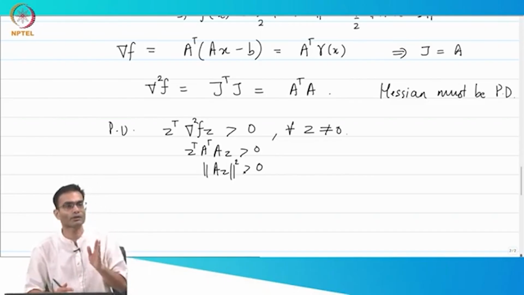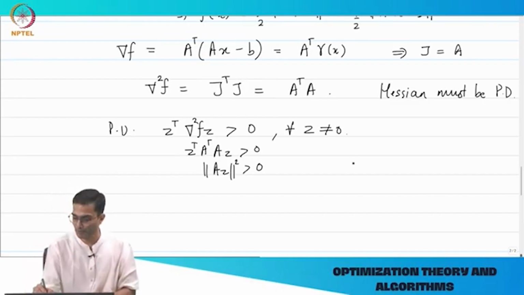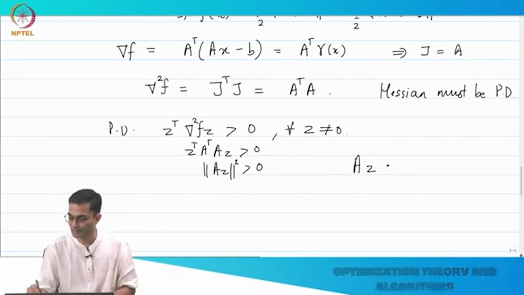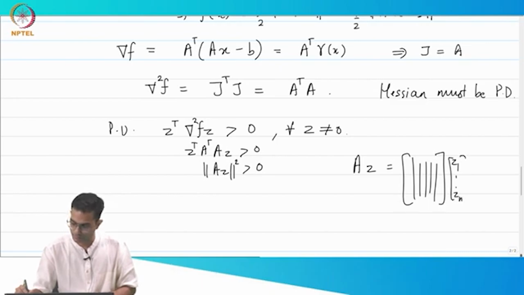On the other hand, if the columns of A are linearly independent, right? So remember, what I'm talking about when I say this is I'm looking at this. These are the columns, and I have a Z1 up to Zn over here.